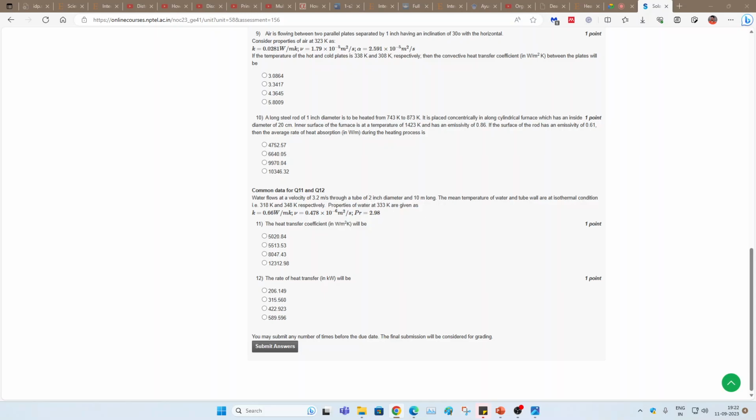So convert tube diameter into meter. 1 inch equals 2.54 centimeter, so convert 2 inches into meter. And the length is 10 meter long. So you have got length, diameter and velocity. What is the property that links velocity, length and diameter into a single term? Which number? Do you remember something called Reynolds number?